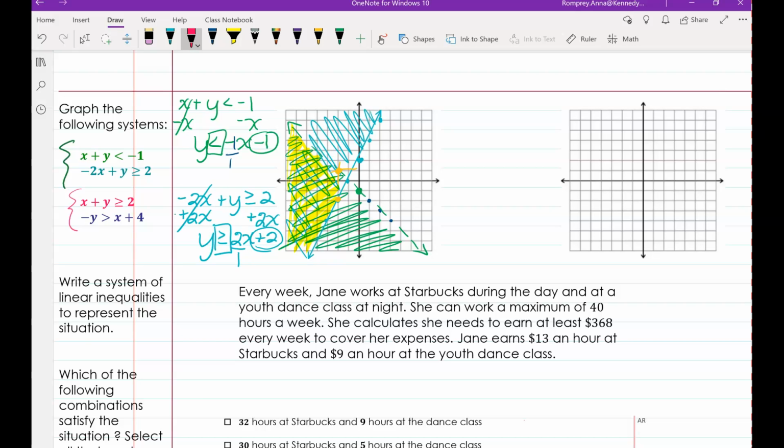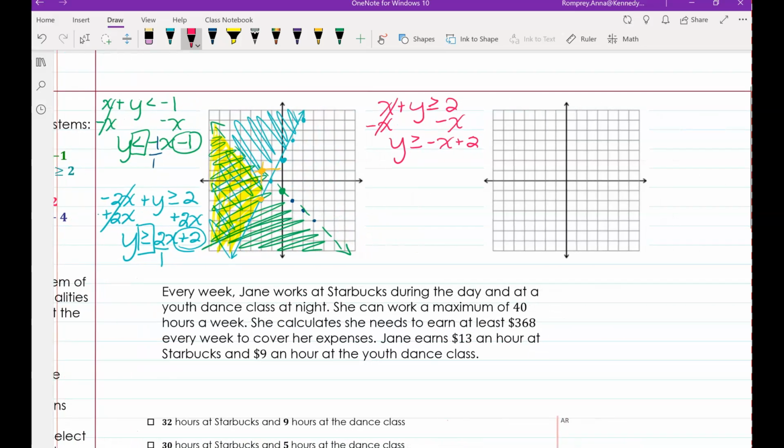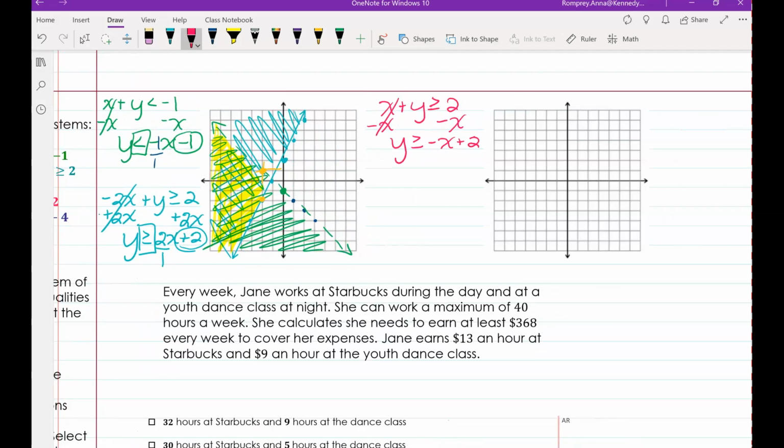Alright, so let's see if you get the same thing as me. x plus y is greater than or equal to 2. So real quick, isolate y. So move over our positive x. So I'm going to subtract x. So y is greater than or equal to negative x plus 2. So my y-intercept, positive 2.